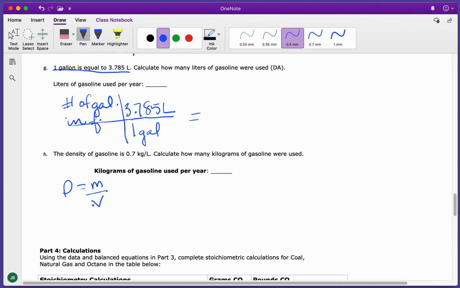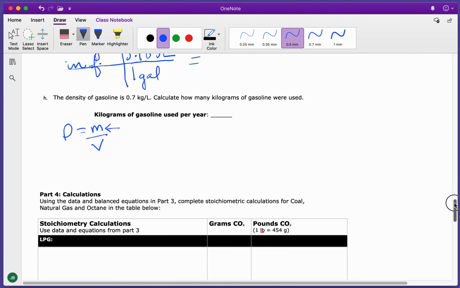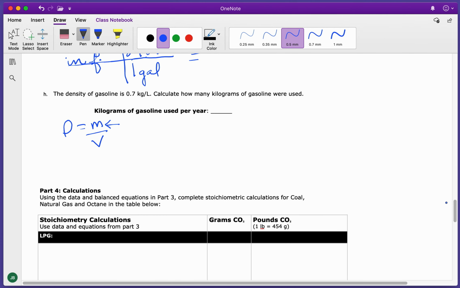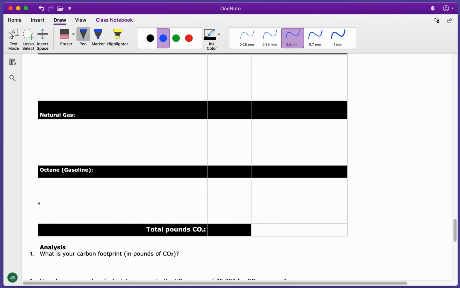And you are going to manipulate this equation so that you're solving for mass. Now remember, your mass is going to be in kilograms.